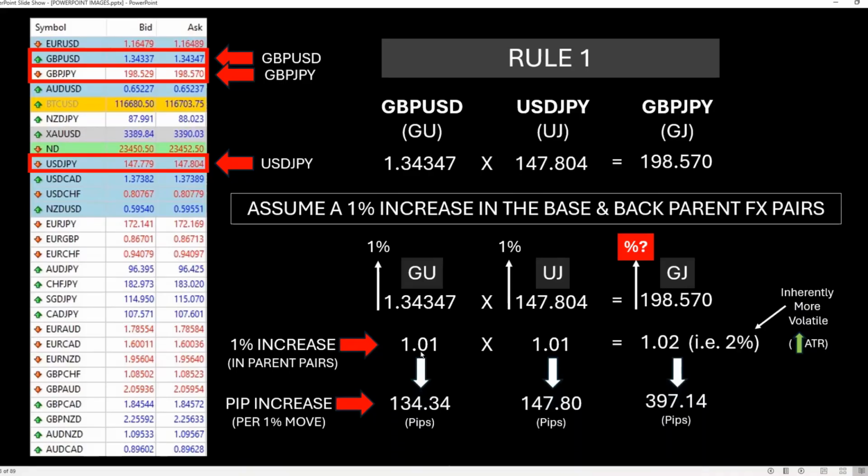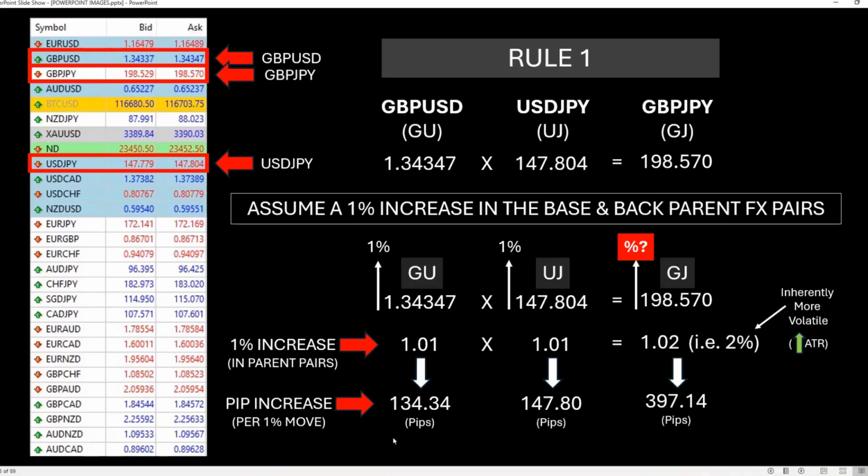A 1% move to the upside will result in 134.34 pips in the base FX pair. For the back pair, a 1% move to the upside will involve 147.8 pips. For the cross pair, it is 2%, twice the amount, so you get 397.14 pips.